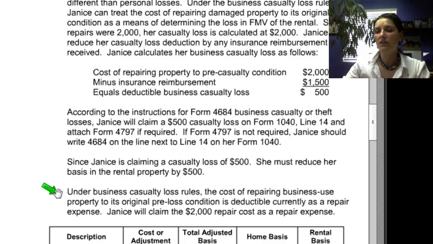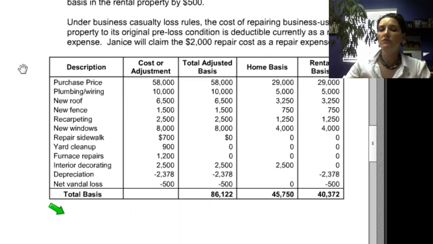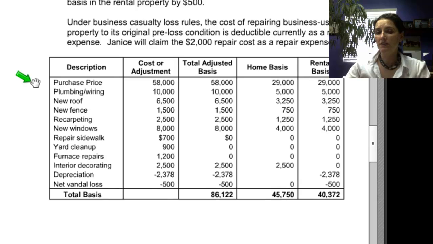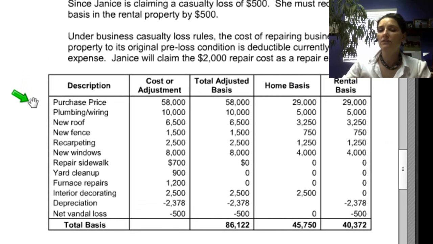Under business casualty loss rules, the cost of repairing business use property to its original pre-loss condition is deductible currently as a repair expense. Janice will claim $2,000 of the repair cost as a repair expense. So repairs, of course, do not add to the basis of property. Casualty loss claims that are deductible on the 1040 reduce basis.